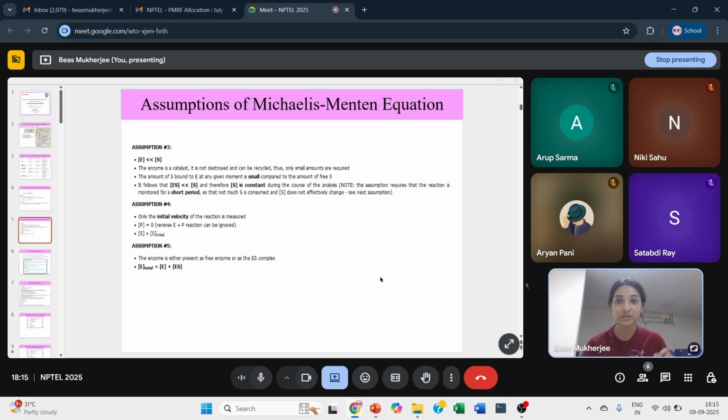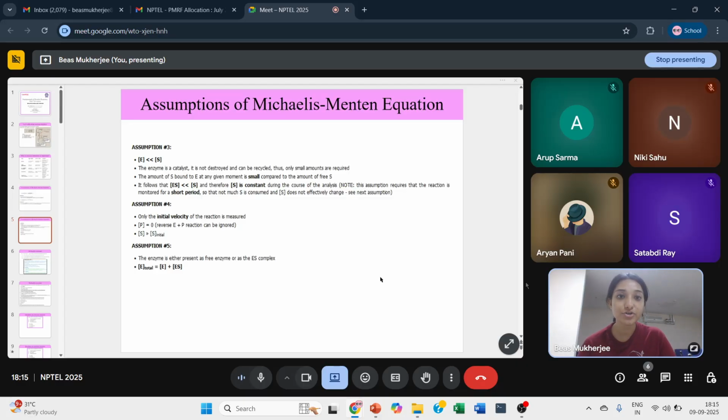So the amount of the substrate bound to the enzyme at any given moment is small compared to the amount of free substrate. That is also an assumption. Then it follows that the enzyme substrate complex is much less than the total enzyme concentration during the course of the analysis.